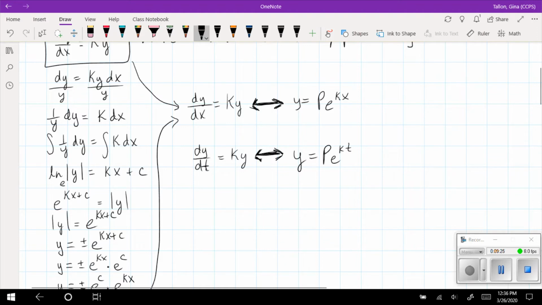This right here, this little tidbit, which is really, really important. This is known as your law of exponential change.